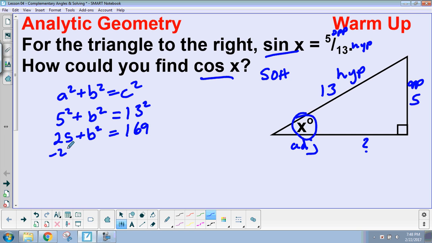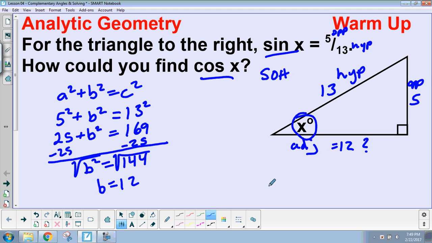Subtract 25 from both sides. B squared equals, let me get my calculator. 144. Take the square root of that, and we get 12.